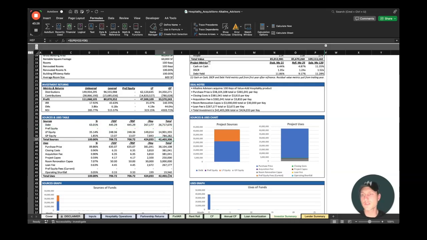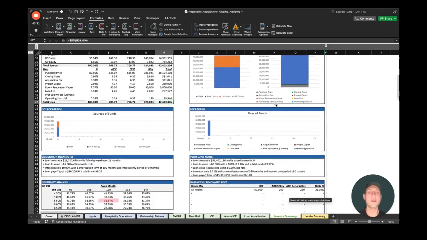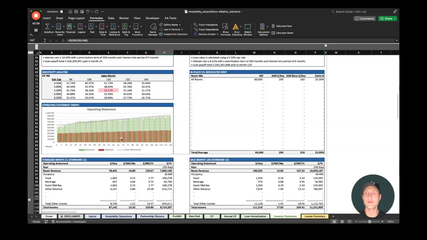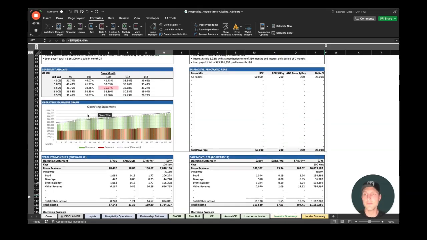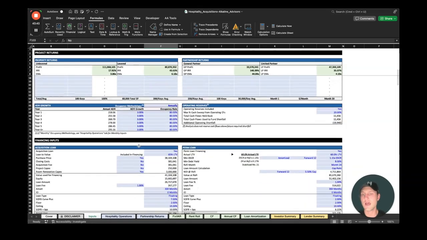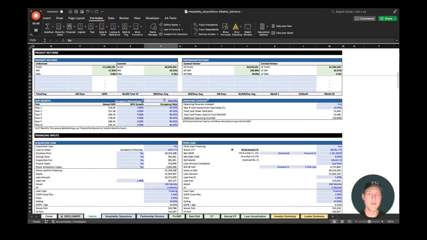You'll notice the sources and the uses tie out. This will update automatically. The charts update automatically. The graphs update automatically. Sensitivities, operating statement. And you'll notice here, operating statement looks pretty consistent. If we go back to inputs, you'll notice that the occupancy methodology is 80% on an annual basis.